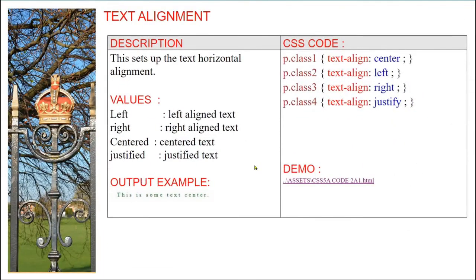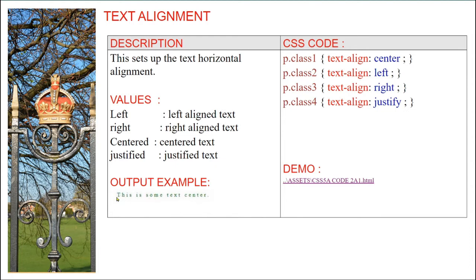Text alignment. We can align text in different ways. We can left align it, right align it, center it, and justify it. For example, we have some output example here. We have some text which is centered.